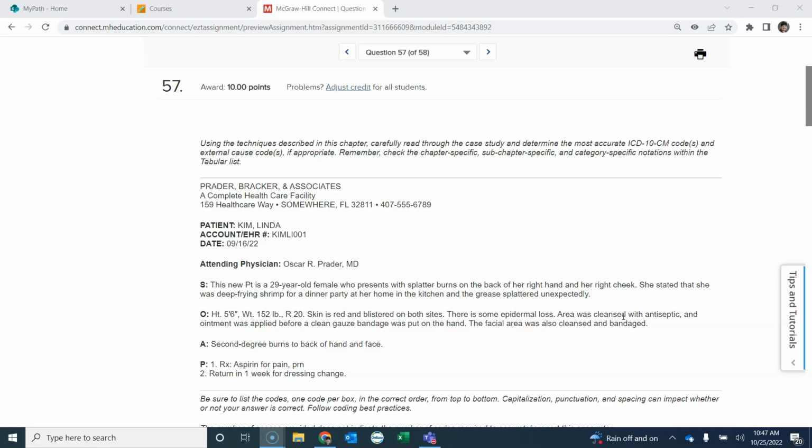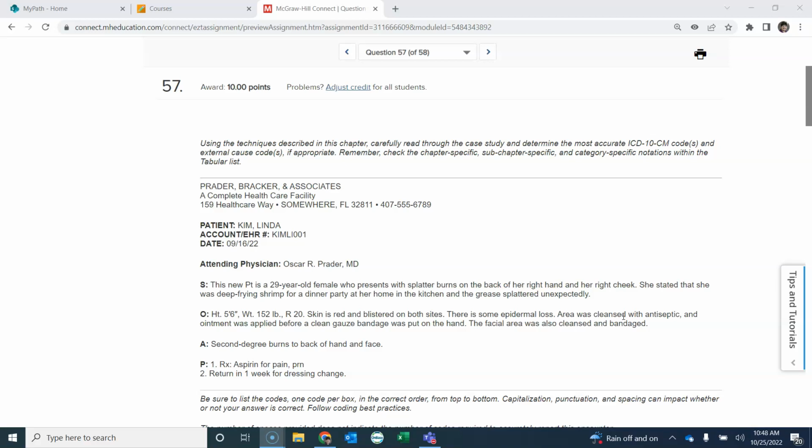All right? So now let's do external cause codes. So go to your external cause code index. So our first external cause is, what was the cause of the burn? So in this case, it's contact with hot oil. So go to external cause, look up contact. Okay.